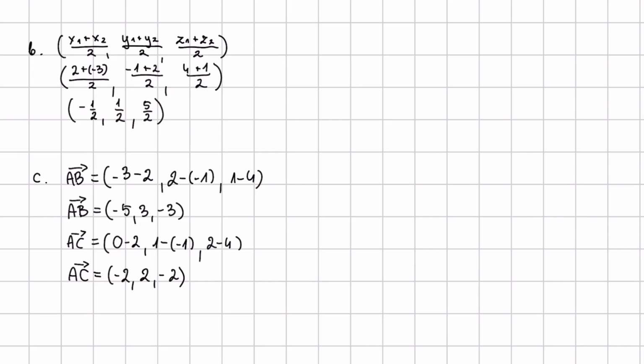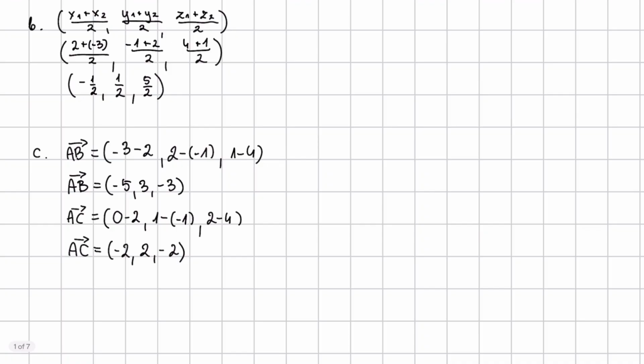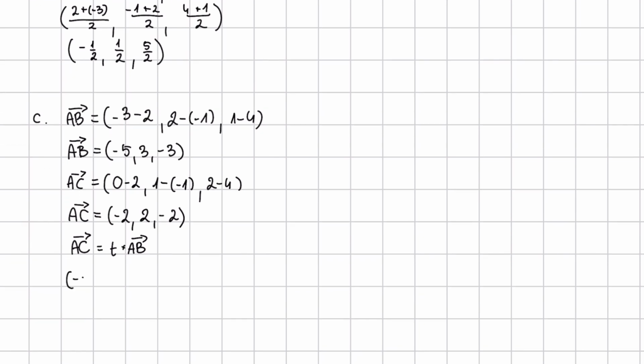Now we have to check if our vector AC is any multiple of vector AB. So we can write it down like this. AC, this vector, is t, our scalar, times vector AB. So -2, 2, -2 equals t times our vector AB, so -5, 3, and -3.